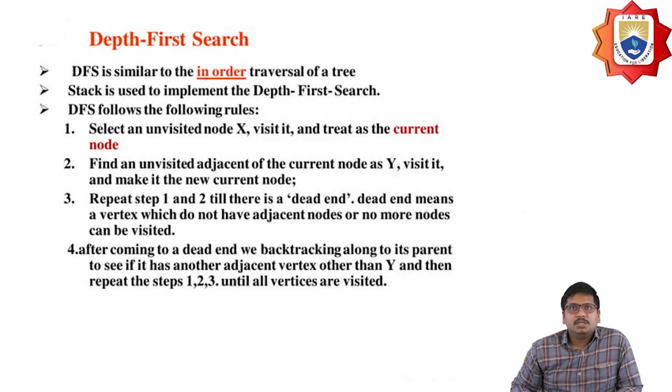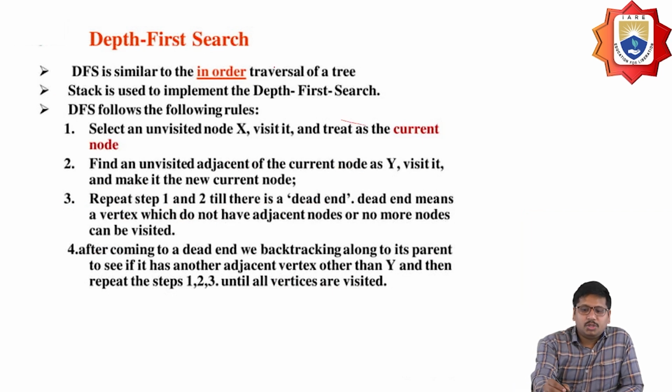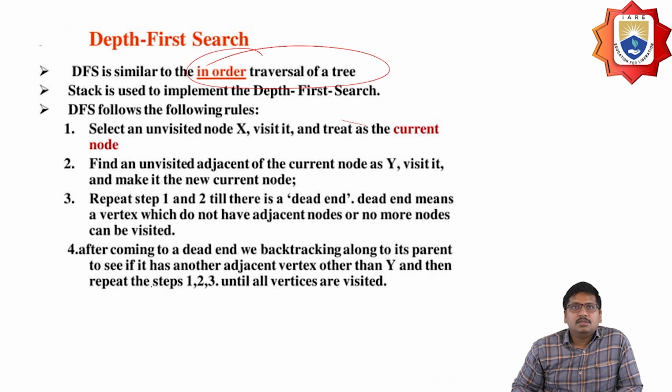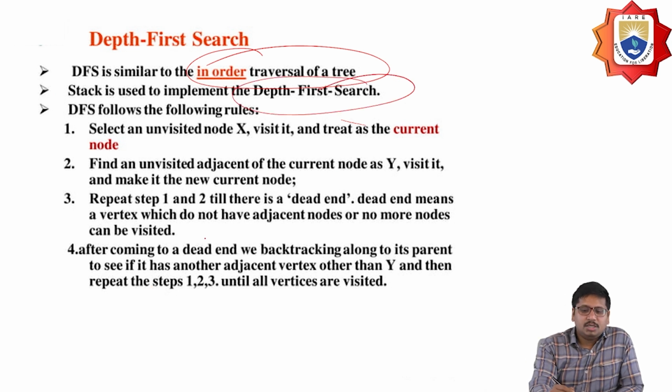Depth first search. So depth first search is similar to the pre-order traversal of the tree, and a stack is going to be used to implement the depth first search. And depth first search follows the following rules. So select an unvisited node X, visit it and treat it as the current node.